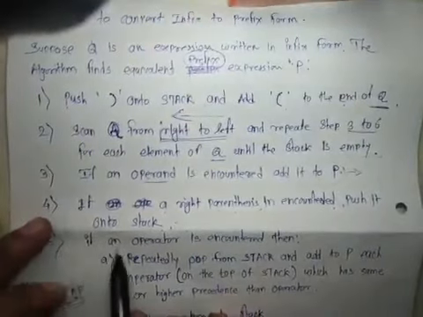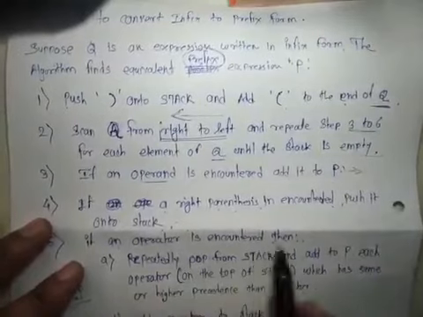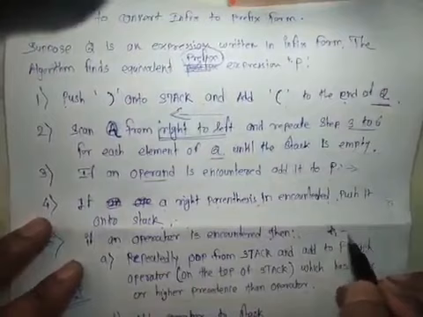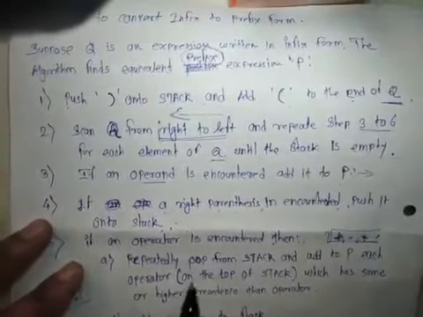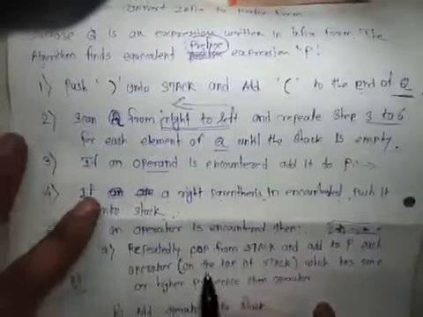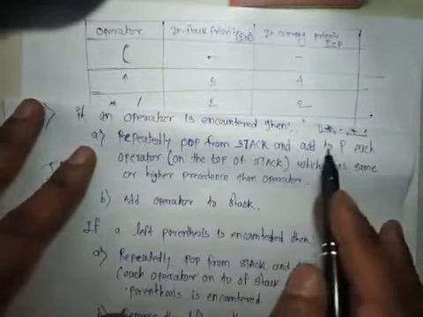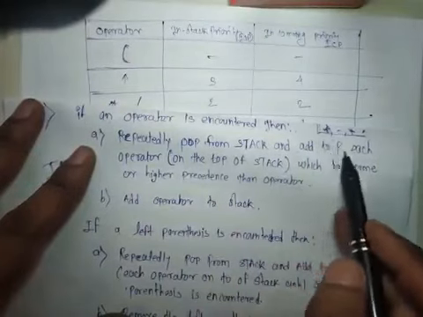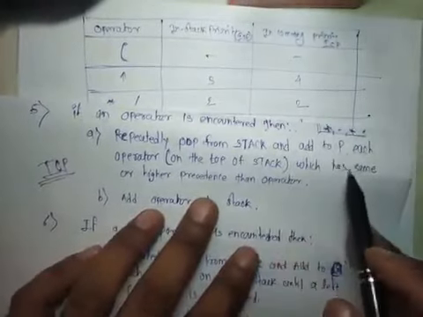Now step number 5: if an operator is encountered, an operator like addition, subtraction, multiplication, division, any operator, we are going to repeatedly pop from the stack and add to P. Whatever operator we pop, we add it into P, the equivalent prefix expression.